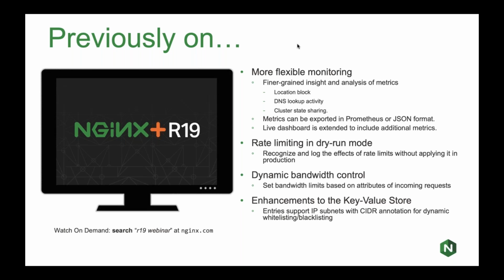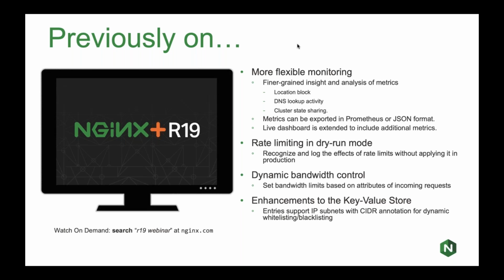So we introduced dry run mode, so you can configure a rate limit, add the dry run mode, and you can either log or use the API to see would these requests have been limited against this configuration, so that you can fine-tune the correct rate limits without risking interrupting or unnecessarily degrading user experience.